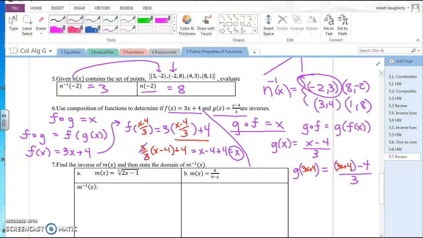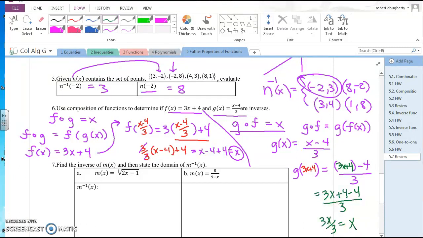That's a little bit hard to read. See if I can make that a little bit better. 3x plus 4. Okay, to simplify this, I'm going to have (3x plus 4 minus 4) over 3. Well, the 4's go away. This is 3x over 3, which is x.